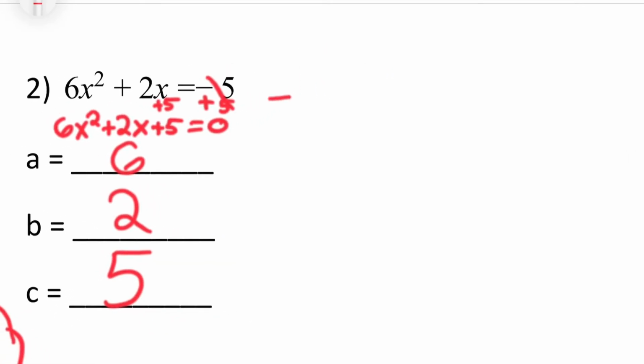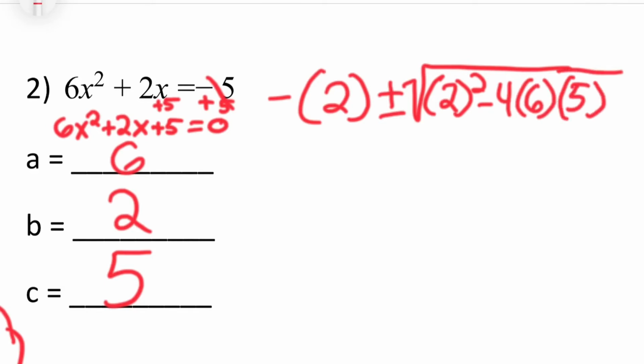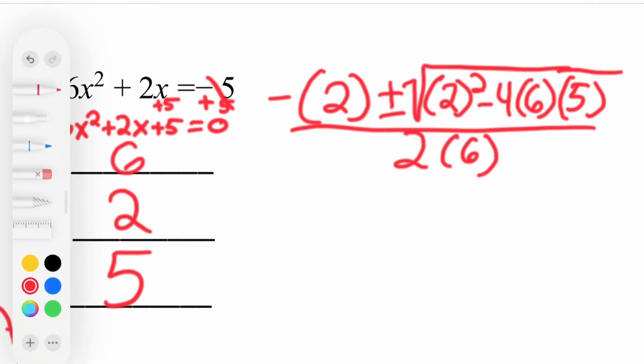So in our formula, we will have negative B, which is 2, plus or minus the square root, B squared minus 4A, which is 6, times C, which is 5, all over 2 times A. Cannot stress it enough.